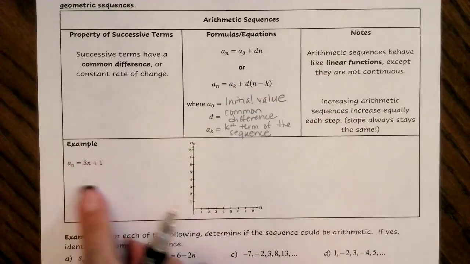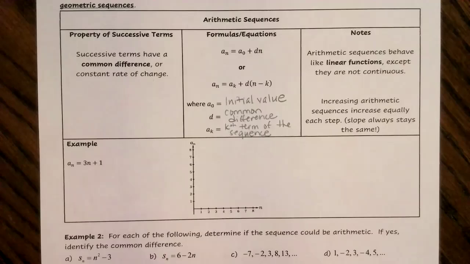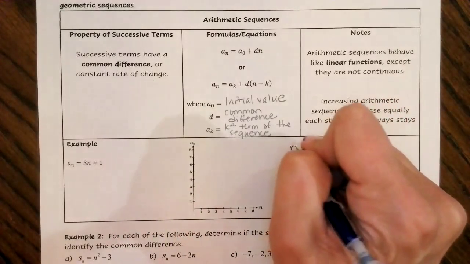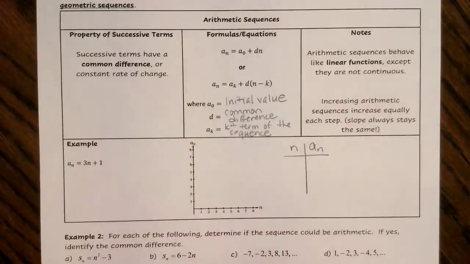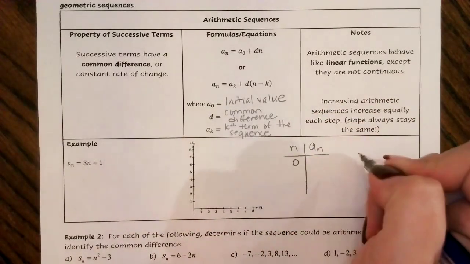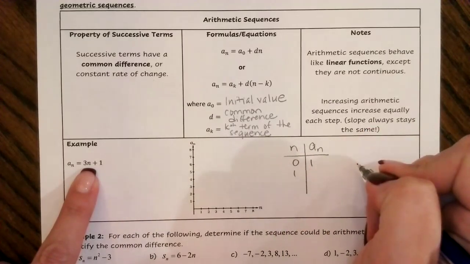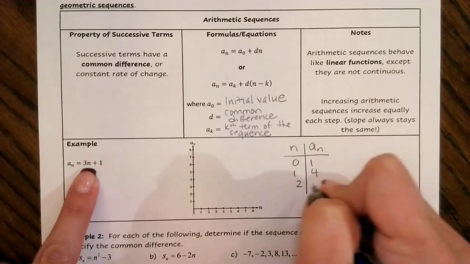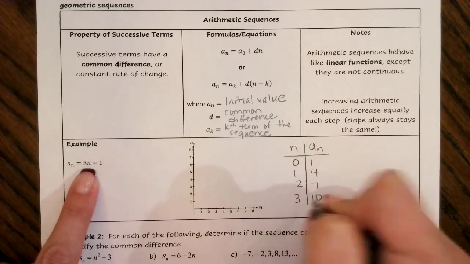All right, so let's look at this quick example right here. A sub n is equal to 3n plus 1. So if I wanted to graph that, I can start by making a table of values. And so my 0 term, I would plug in 0 right here, and I would get 1. My first term, I get 4. My second term, I get 7, and my third term, I get 10.